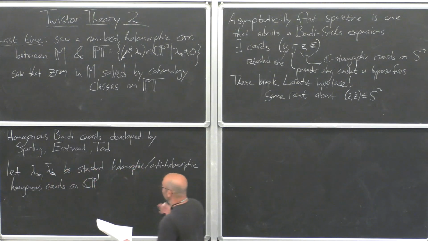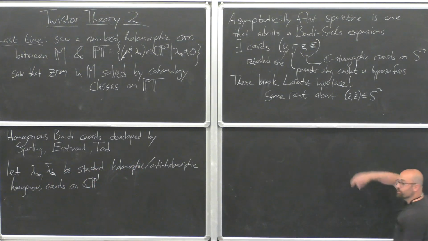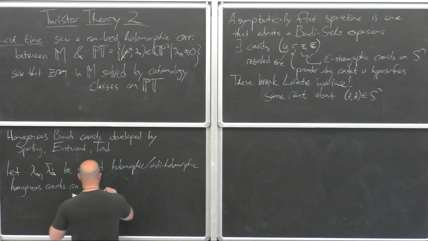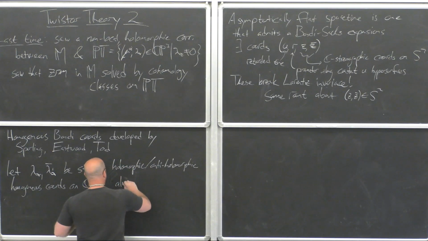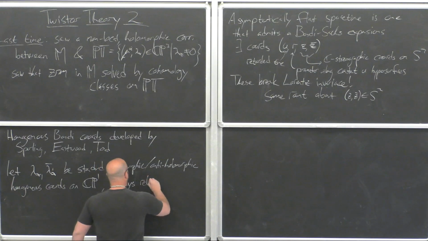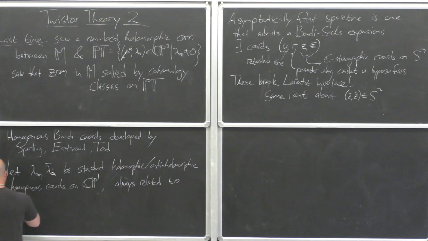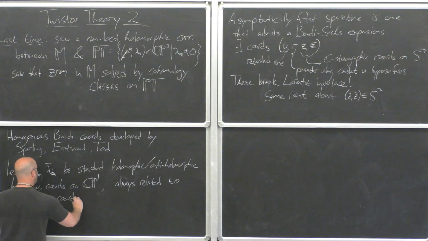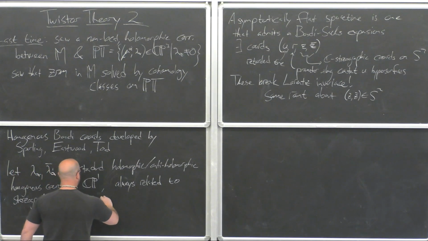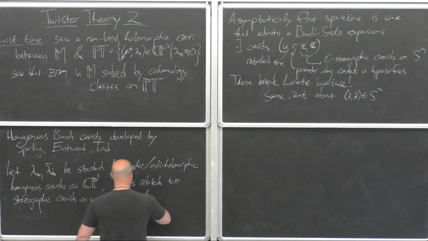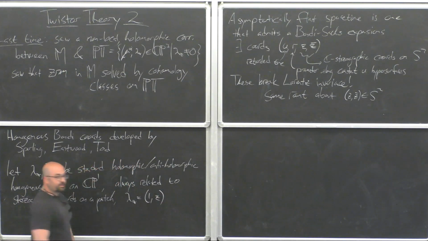And of course, we can always recover these affine coordinates by going to a patch. So just to keep the same thing in mind, we can always go back to the stereographic coordinates on a patch, for instance, where lambda alpha is equal to (1, z).